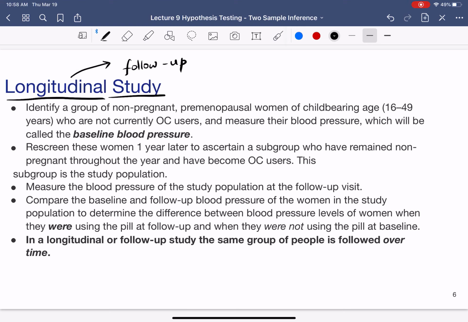So where we see and follow the samples over a period of time.